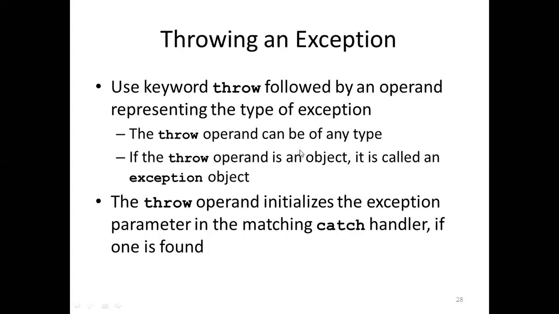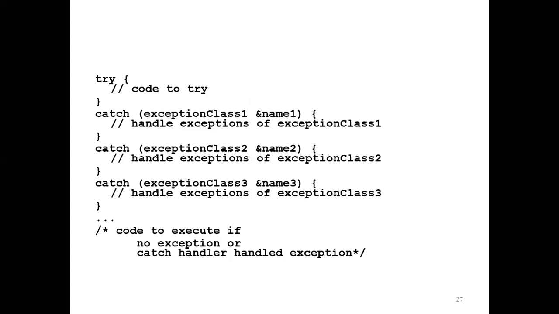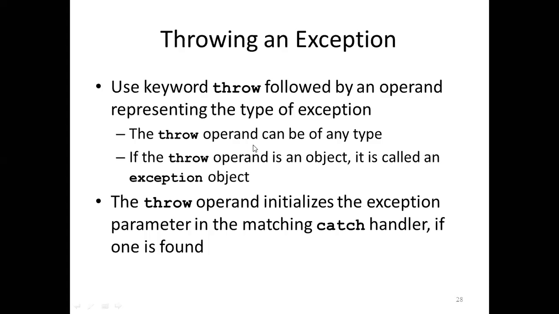In the brackets, you can observe that we have different kinds of exception catching mechanisms, the exception classes. So the object works in the form of an object. This throw operand initializes the exception parameters with the matching catch handler.